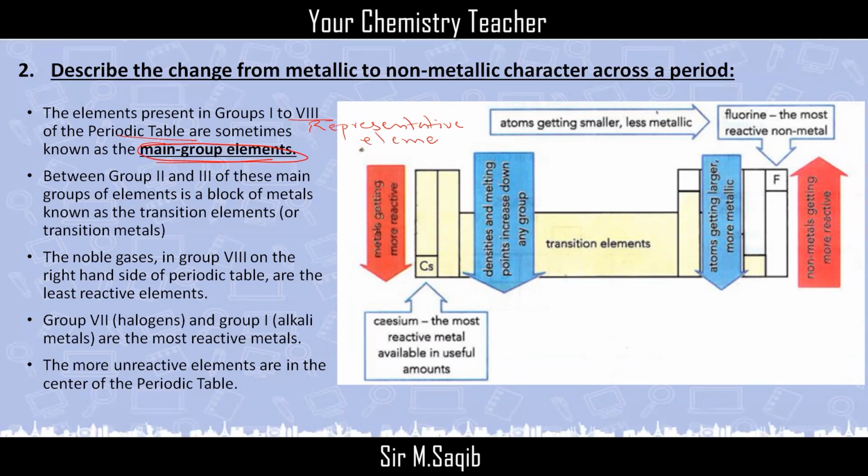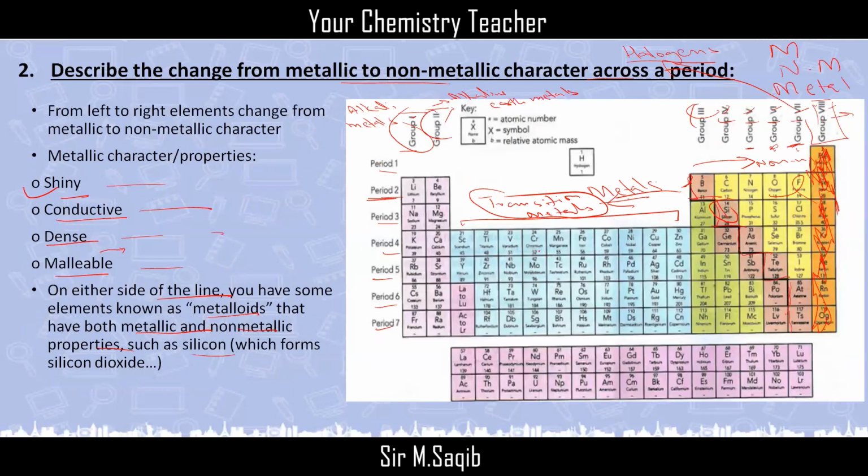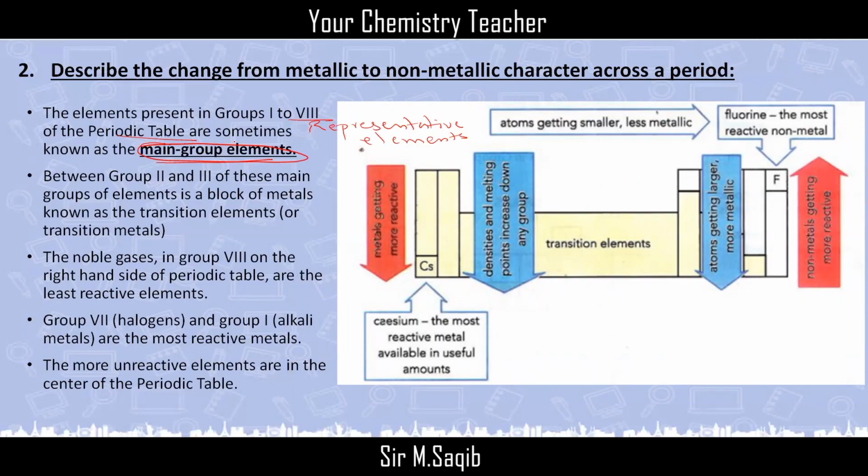They are also called representative elements. And the other elements, this group, are called transition metals. Between group 2A and 3A we have some metals which are called transition metals, as I already told you.